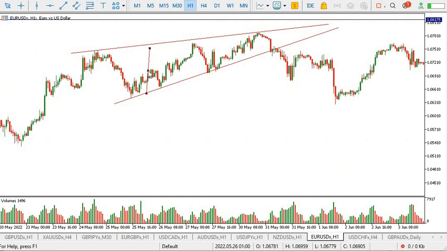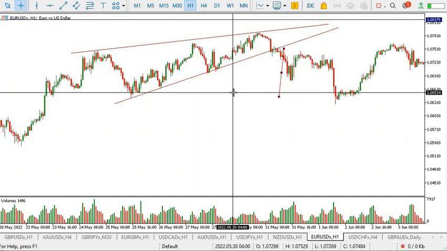Let's say the rising wedge took 110 pips to form, and once it broke, we will be targeting the exact amount, which is 110 pips.